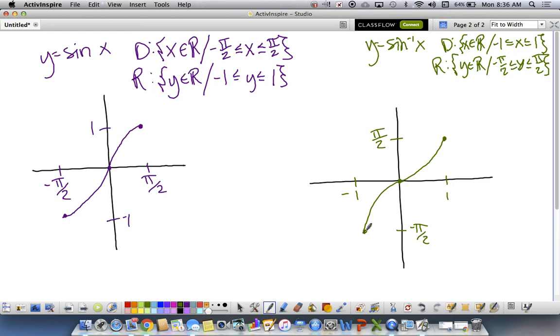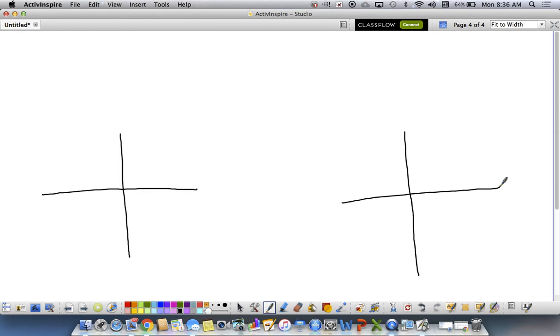What about cosine? Could you do the original and inverse for cosine? We'll do it just in case. Draw our two graphs. So cosine. Where does cosine start?